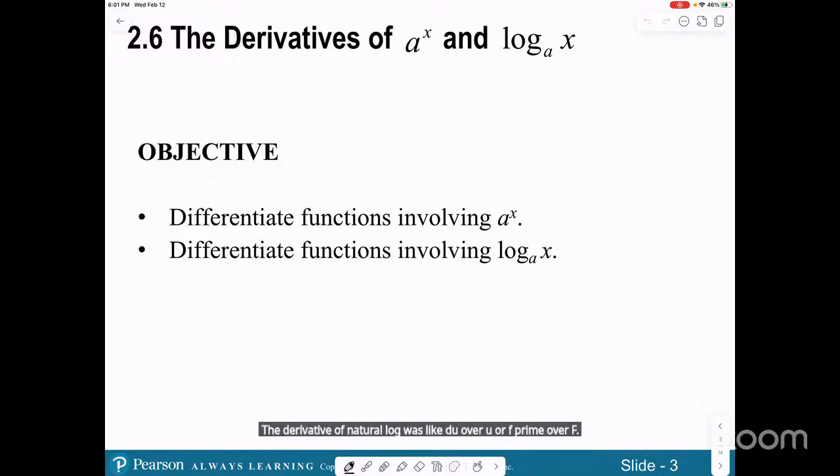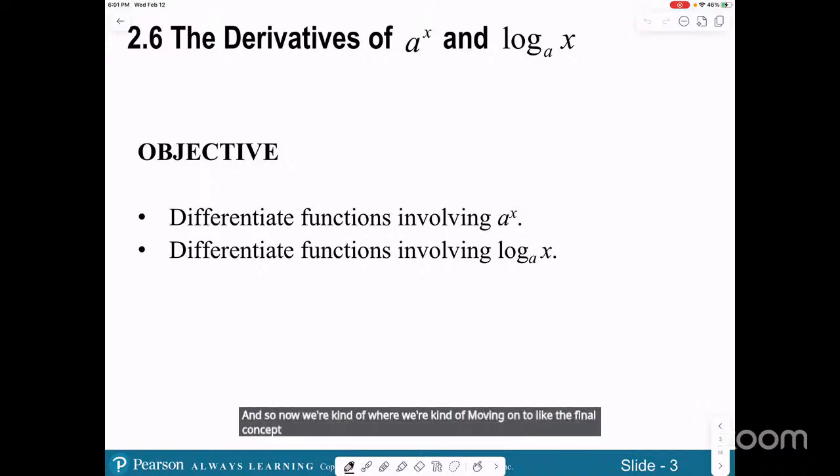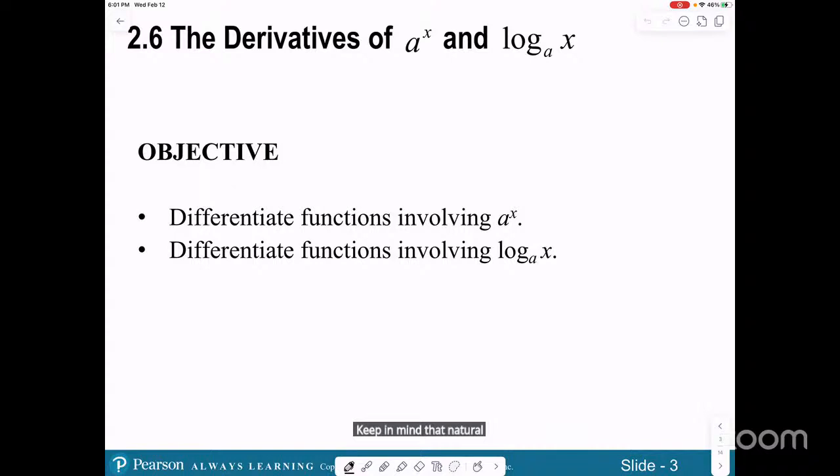And so now we're moving on to the final concept as far as exponentials and logs. We introduced it with the derivative of base e exponentials. Now we're doing generic bases. Keep in mind that natural log is the common log with base e.